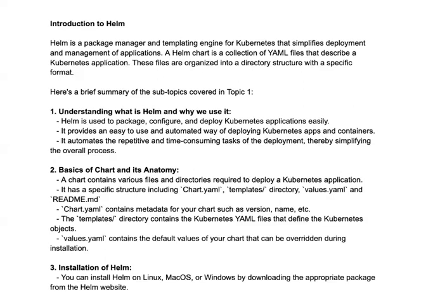You can override during the installation using --set, which we are going to discuss ahead. For now, just understand that using the values.yaml file, you can override the values whenever you are installing the package using Helm itself.